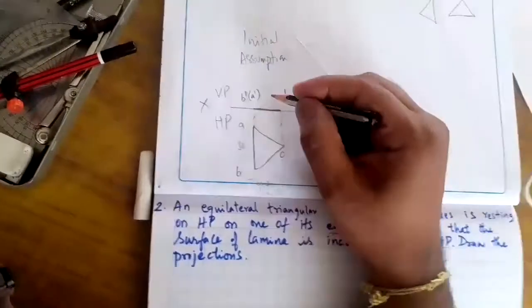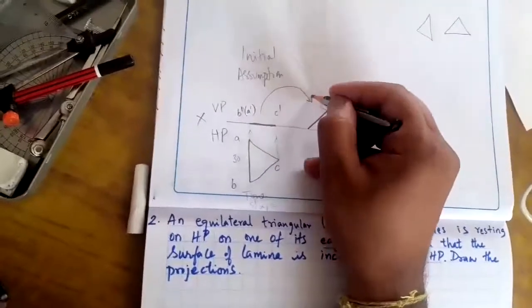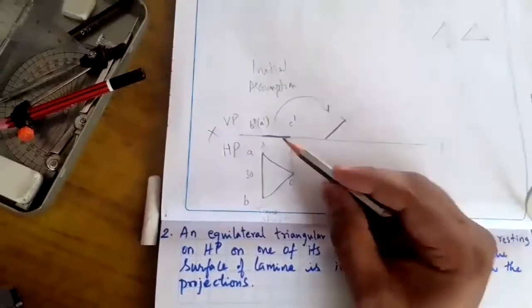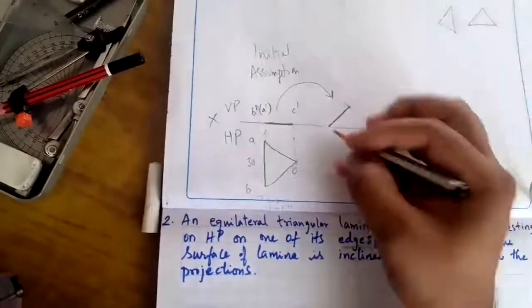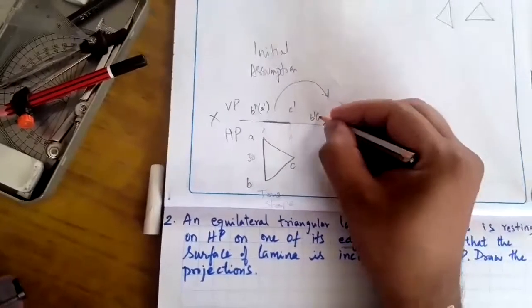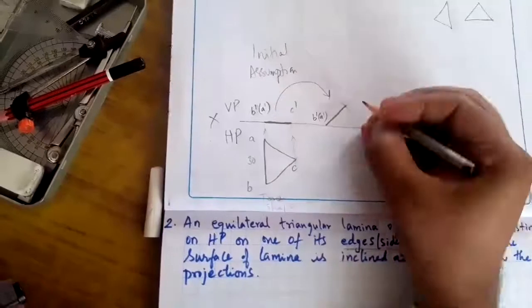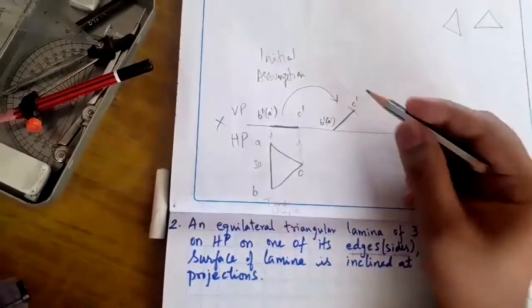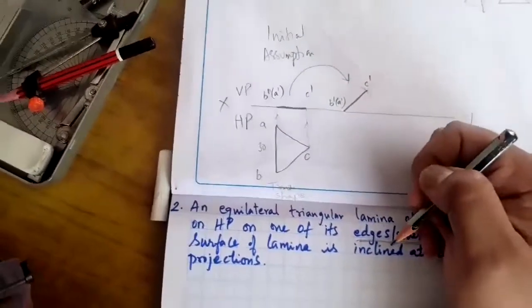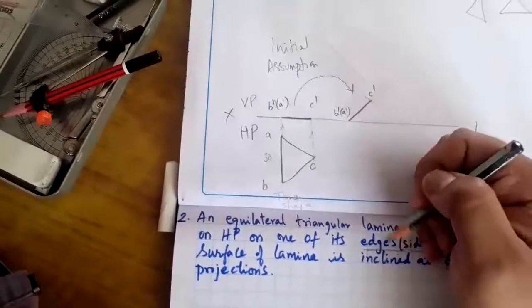This front view, don't draw this arrow mark, just for identification I am using this. Front view will be shifted to the new position in such a way that B dash of A dash is on the XY line and C dash is above at some distance. What does this mean?